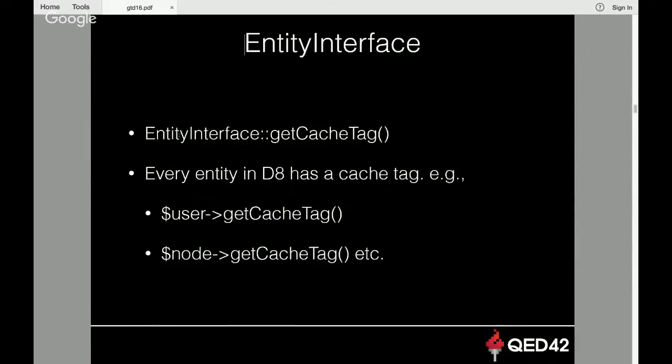It provides you with an interface class, the entity interface, and it provides a function called getCacheTags. So let's say you're rendering a node. You could use $node->getCacheTags() and get all of the relevant cache tags for a node entity. Similarly, for a user entity or any custom entity which you have created, you could always call this function to get a list of relevant cache tags.